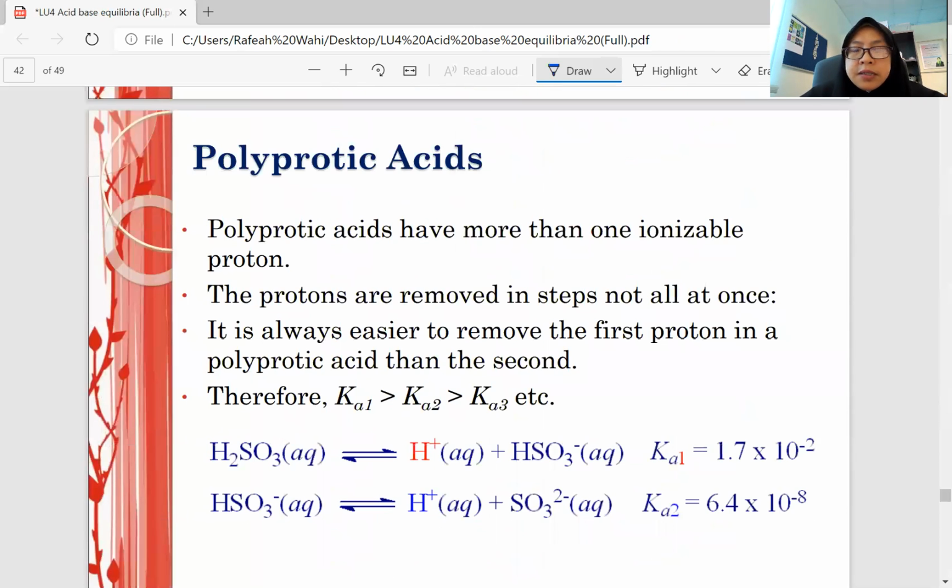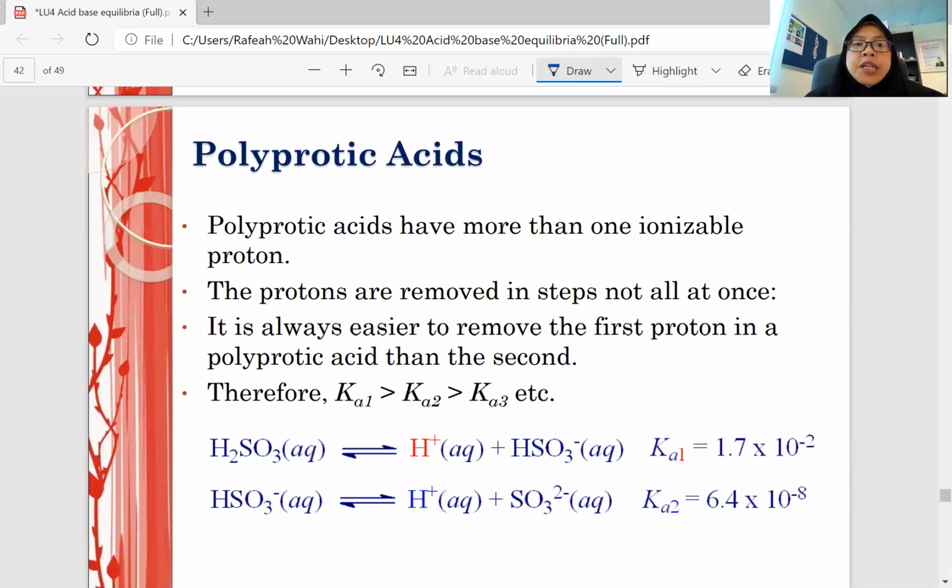Now, let's discuss a bit about polyprotic acid. Although we are not going to do or learn any calculation problem regarding polyprotic acid, it's important for every one of us to understand what polyprotic acid is. Polyprotic acid is an acid that has more than one ionizable proton.